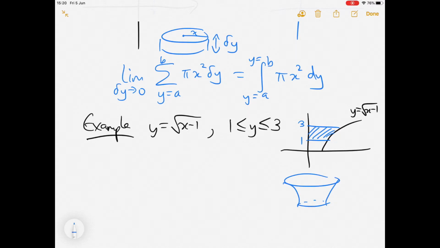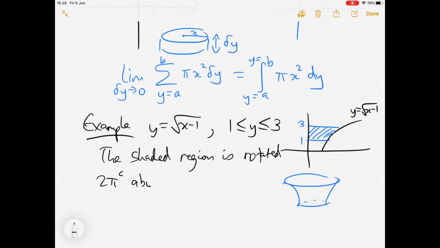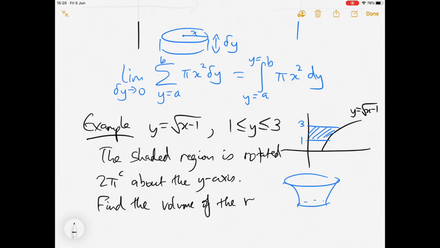So sorry, I'll just finish the question. The shaded region is rotated 2 pi radians about the y-axis. Find the volume of the resulting solid.